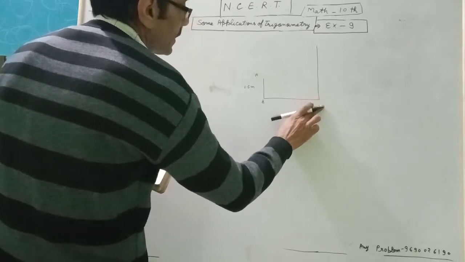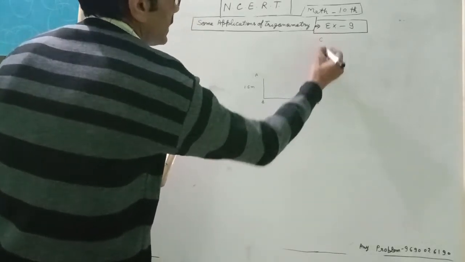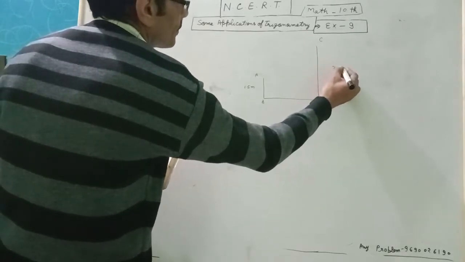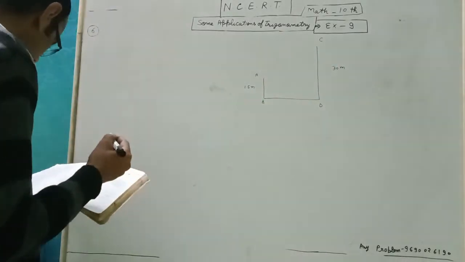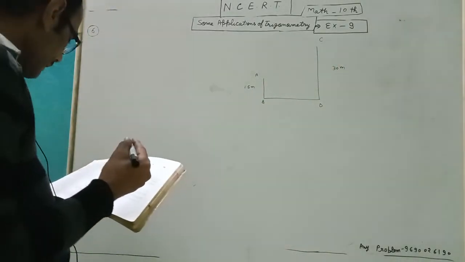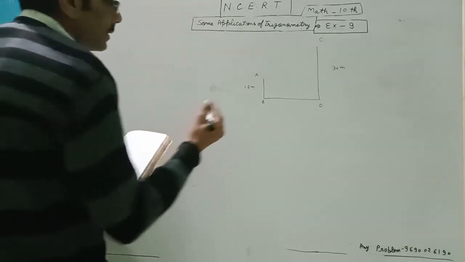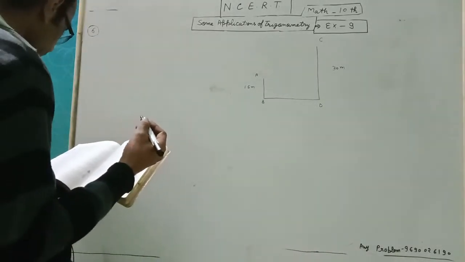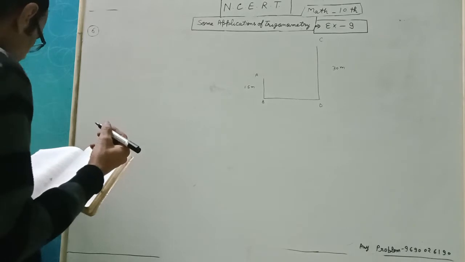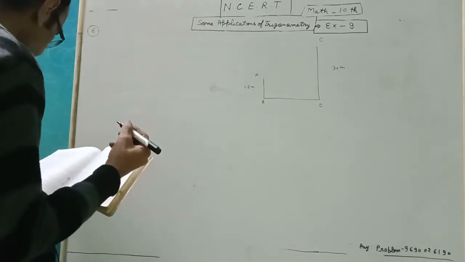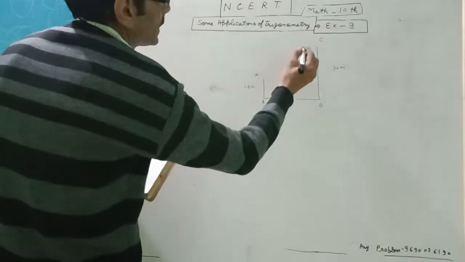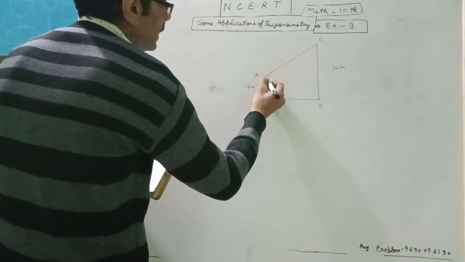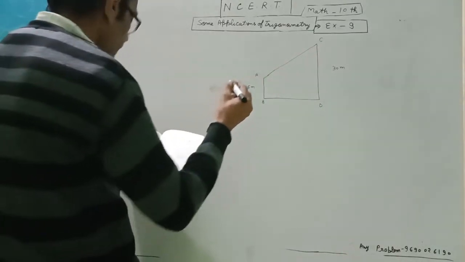The distance between the boy and the building is BD. The boy sees the top of the building, and the elevation angle is 30.